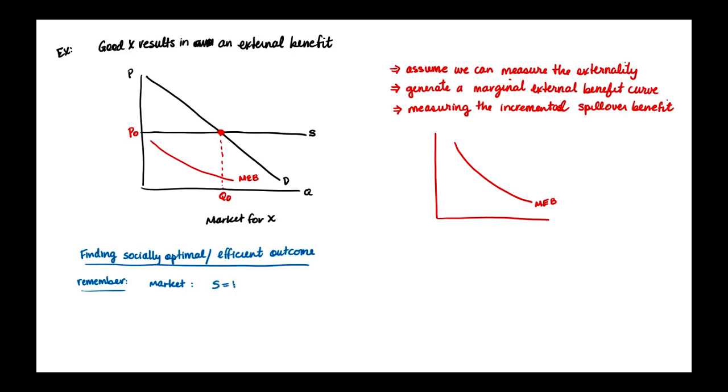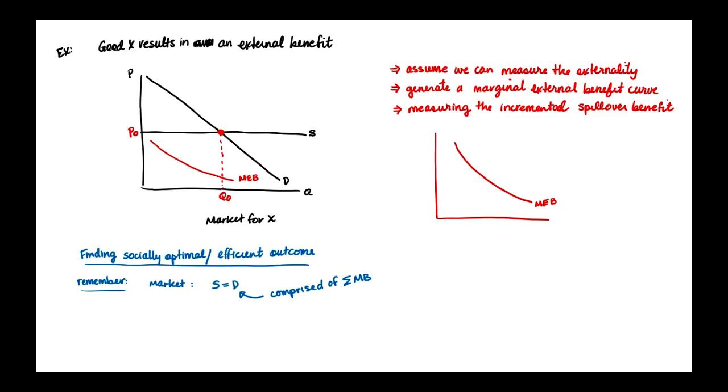Supply equals demand, right? And we understand, remember, that demand is comprised of the sum of the marginal benefits. So a demand curve is nothing more than the sum of the marginal benefits of the individuals who are consuming this good. What kind of marginal benefits?